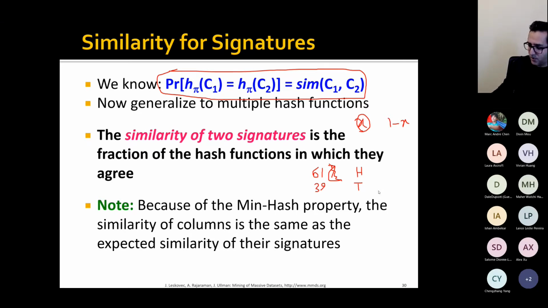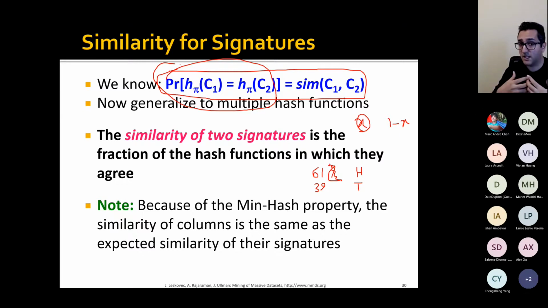So you calculated probability from some trials, from some instances of the coin flip, right? This is exactly what we are doing. We need to calculate the probability of hashes being the same.